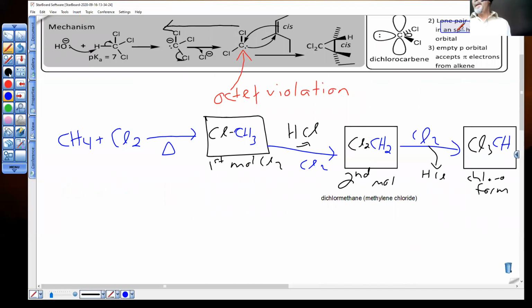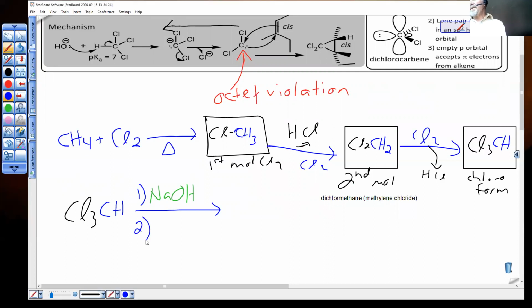So you take your Cl3CH and you react it with, say, step 1, NaOH, and step 2, let's do this one here.